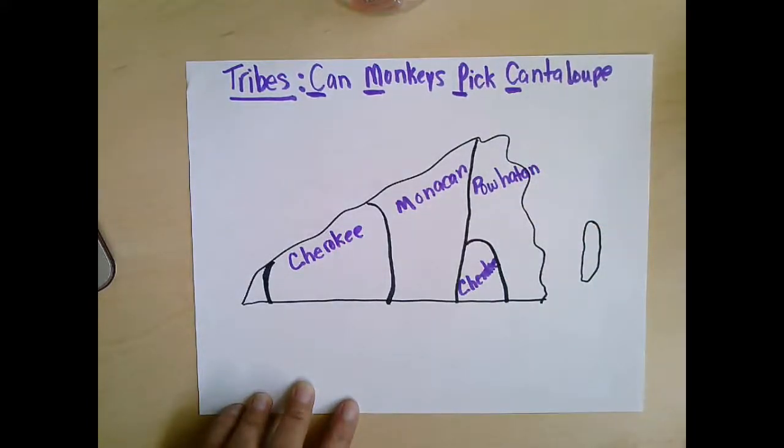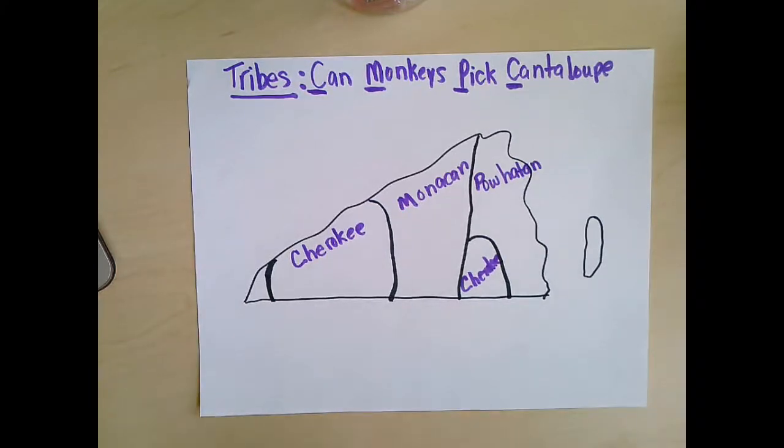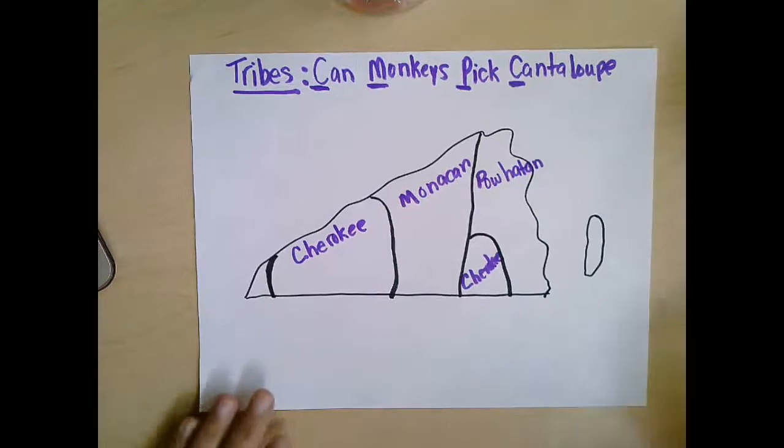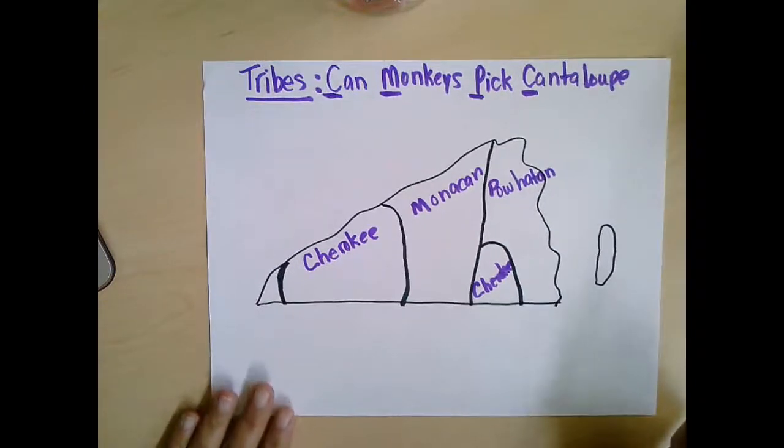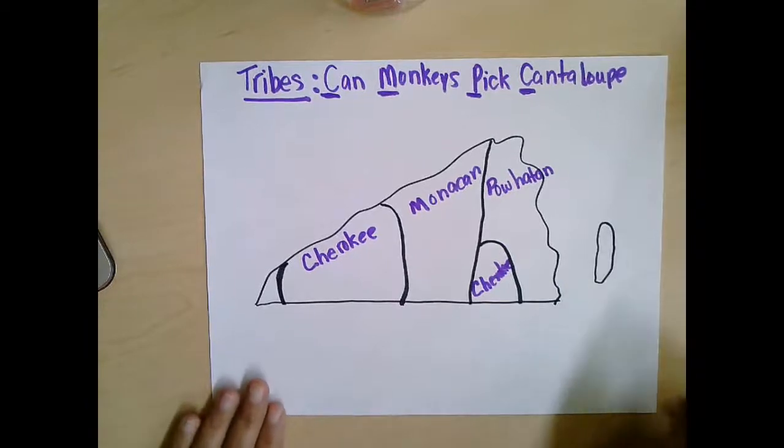So now we have labeled our language group map with the tribes where they live using our silly sentence, can monkeys pick cantaloupe? The next thing we have to do is match our tribes with the language that they spoke. Okay, so I like little silly sayings here, and I like to use food because Mrs. Campbell likes to eat.